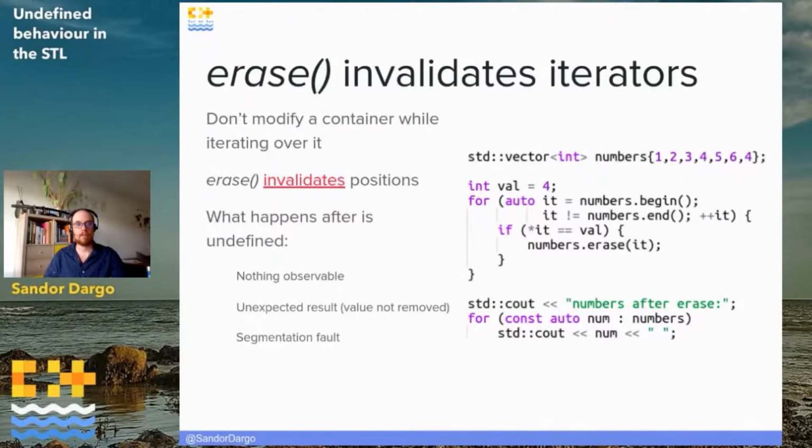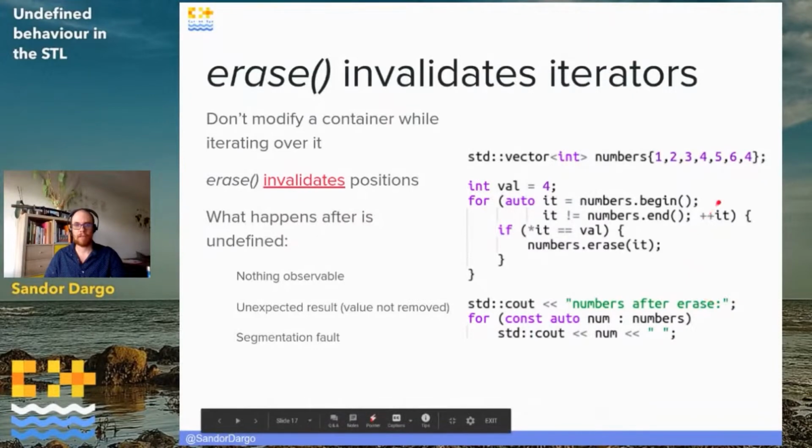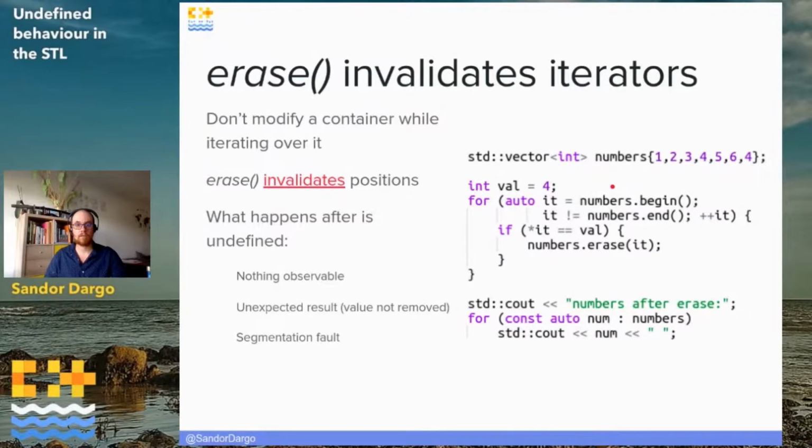For example, erase is one like that, but if you think about inserting elements in a loop, you should also check if you provoke some undefined behavior there. So here in the example, we have a vector with a few numbers in it. Then we are looking for the value 4. And if we find it, we erase it.